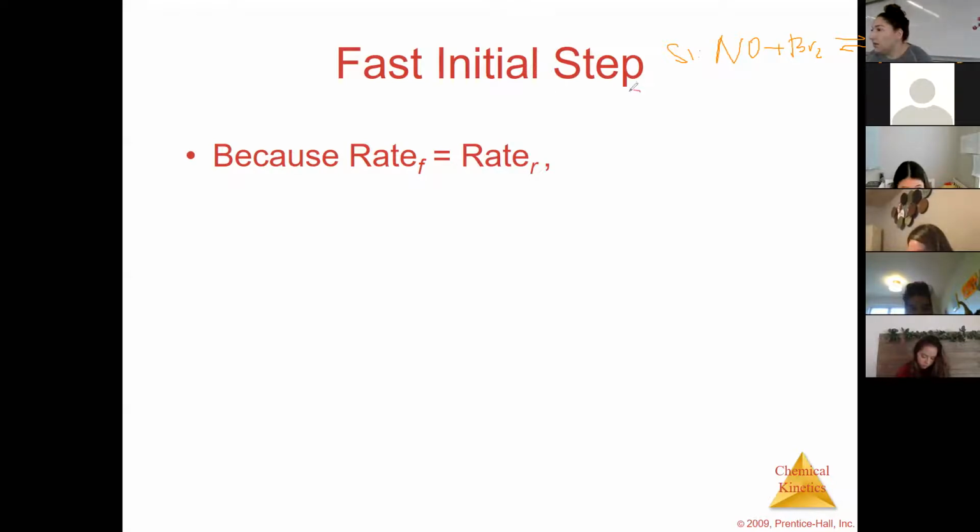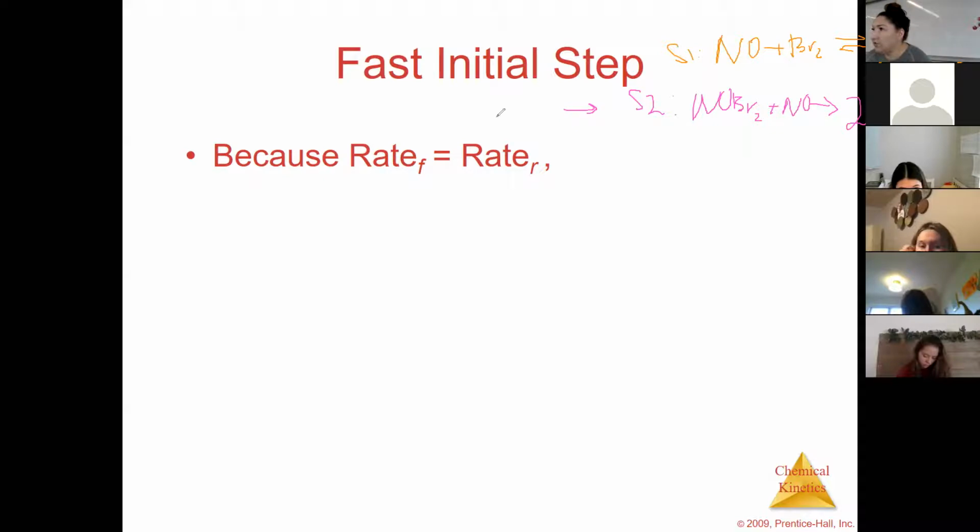And then our second elementary step was NOBr2 plus NO gives you, oh no, that was not reversible, 2 NOBr.